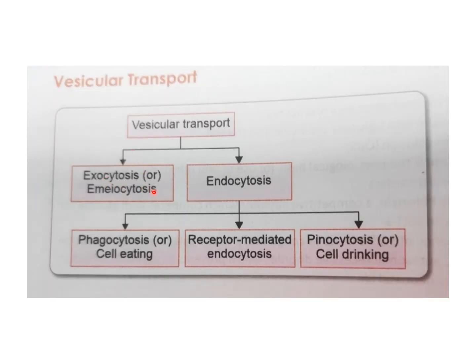One is exocytosis, where vesicles go outside the cell, and the other is endocytosis, where vesicles go inside the cell. When it is moving inside, it can be the movement of a solid particle, known as phagocytosis, or the movement of a liquid, that is cell drinking or pinocytosis. Another important type of endocytosis is receptor mediated endocytosis.